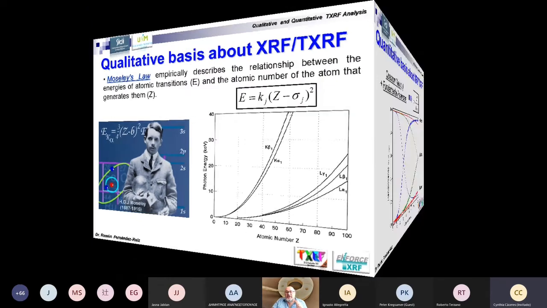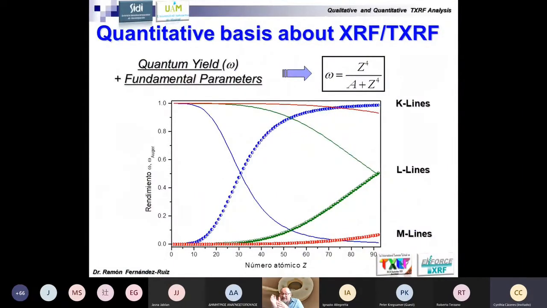Okay, good. For the quantitative analysis, the more important is the concept of the quantum yield, that I remember Peter Kregsamer has commented something about.